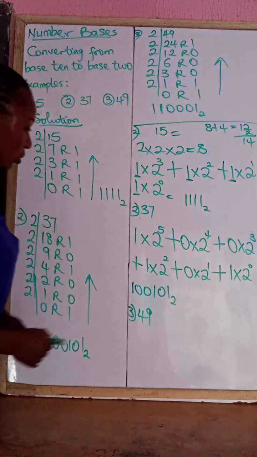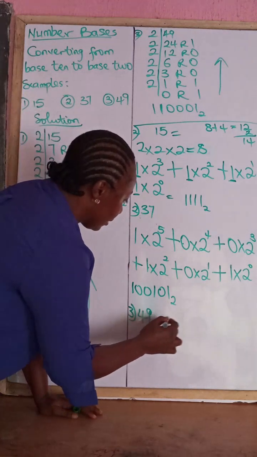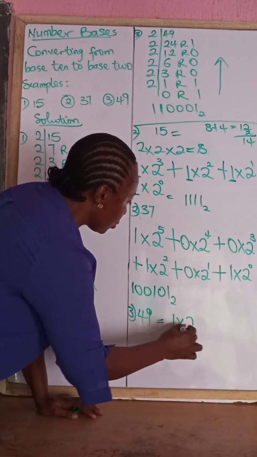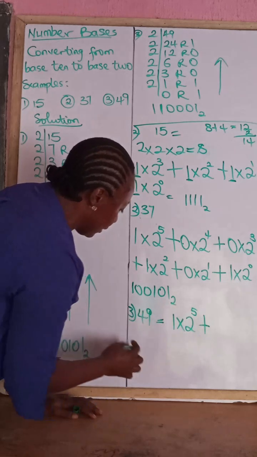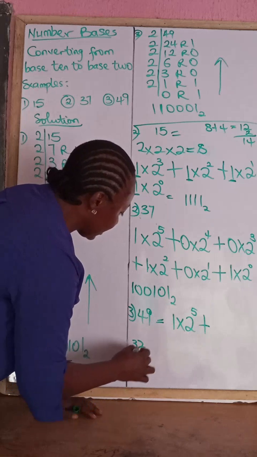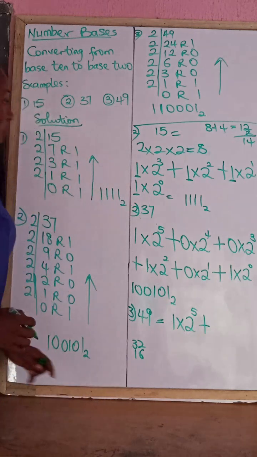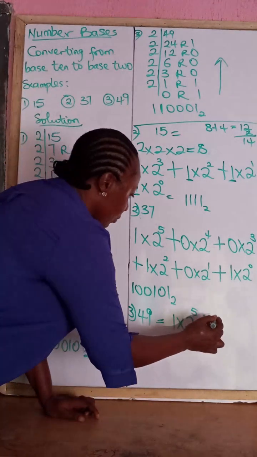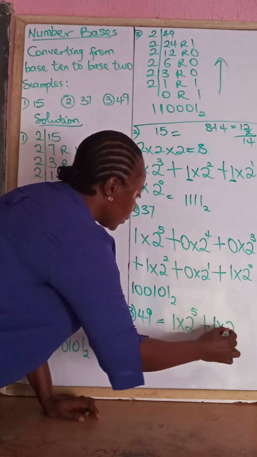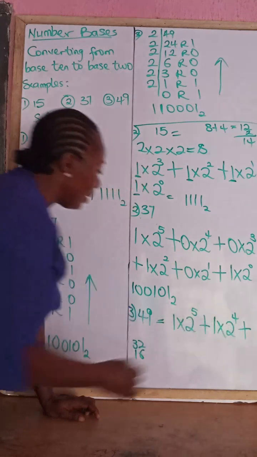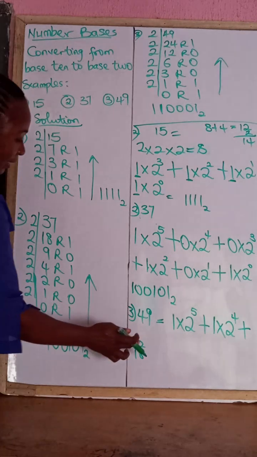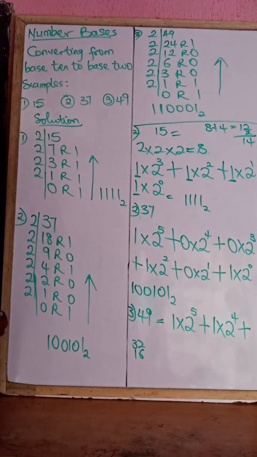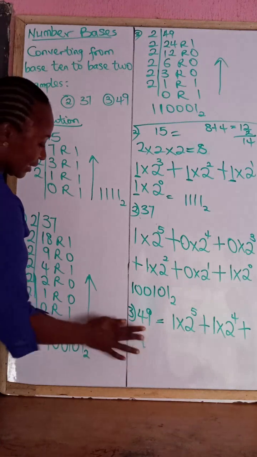So we now say we have one group of 2 raised to the power 5. Okay, that's 32. Let's see, if we add 16, it becomes 48. Fine, that's fine with us. So we are going to say we also have one group of 2 raised to the power 4. Remember, we've added 16 now. So 32 plus 16 is 48. And what we want to get is 49.